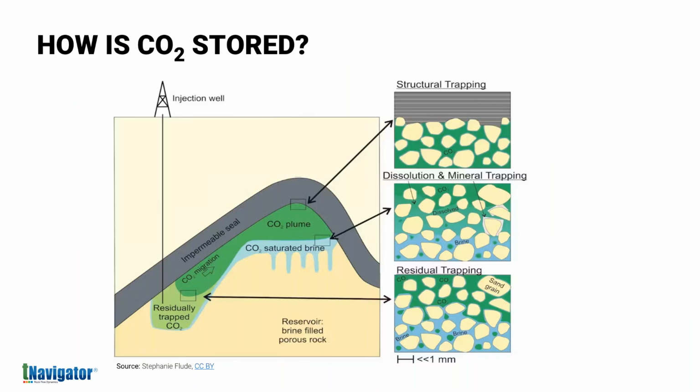This is due to hysteresis and relative permeability endpoints. And then some of that is going to be dissolved in the water. So that's going to be CO2 saturated in brine, and you can see some of those nice dissolution fingering effects on the right-hand side. And obviously, the bulk of it is going to be in the structural trapping, at least in this picture, which is what you see in green.